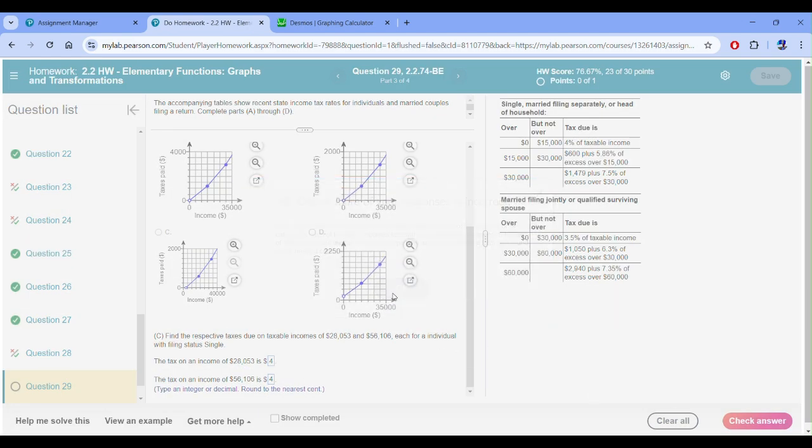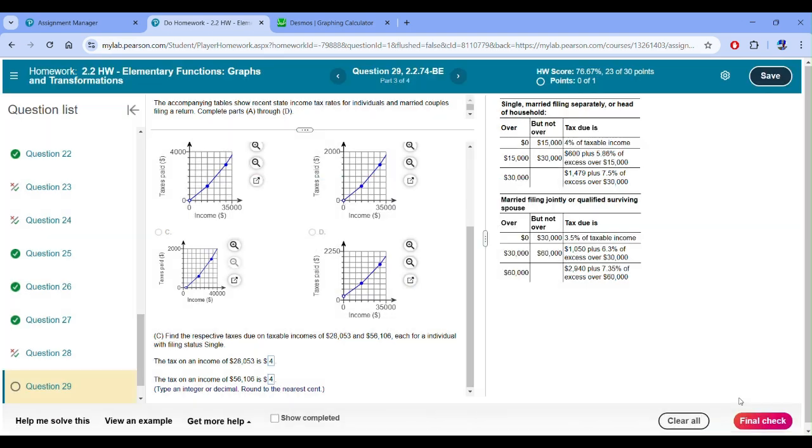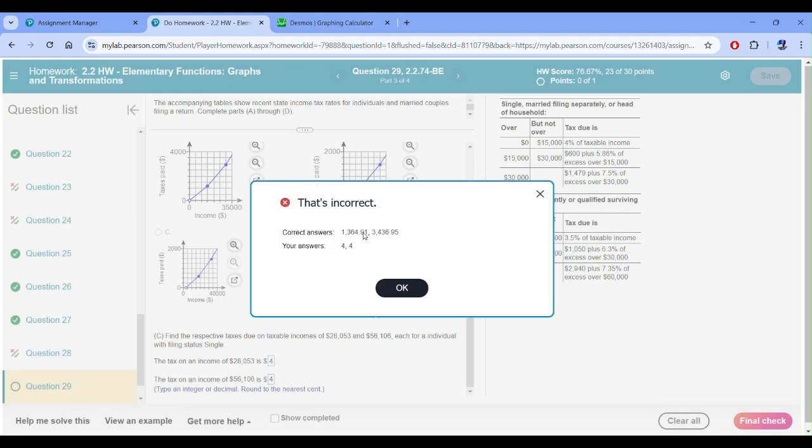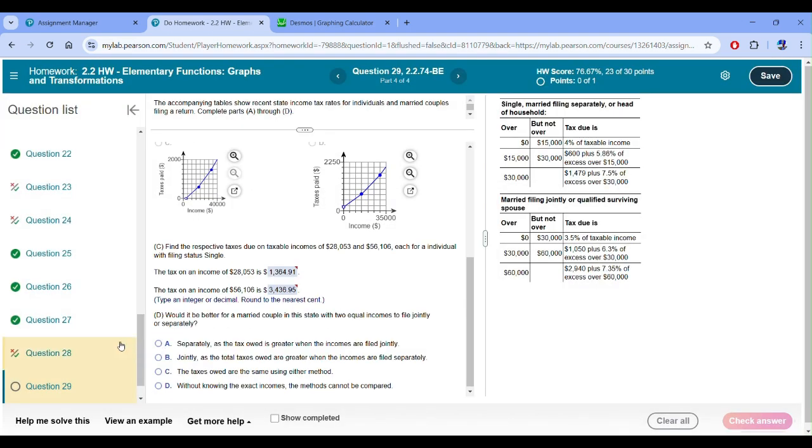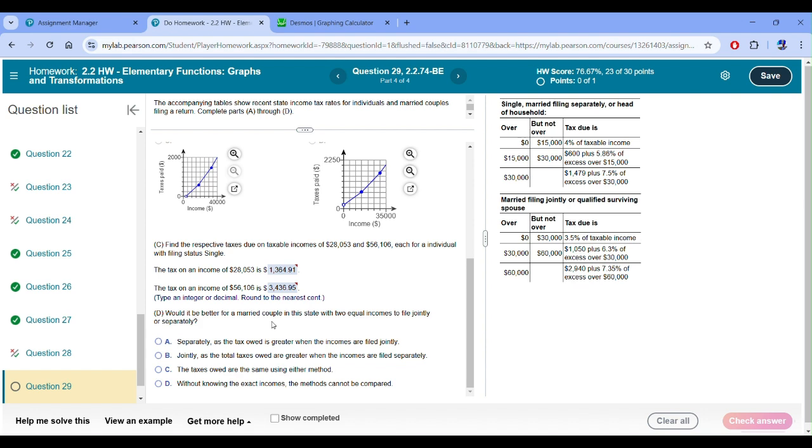Something along those lines. You guys have the calculators. I'm just here to help you get it right. Yeah, it would just be those numbers. Plug in the decimals, round in. Okay. Would it be better for a married couple in the state with 2 incomes to file separately? So you would just compare. Separately as the tax owing is greater when the incomes are joined.